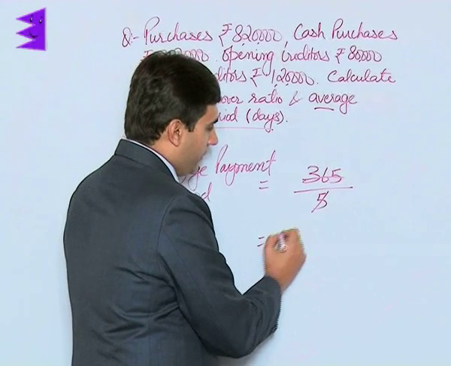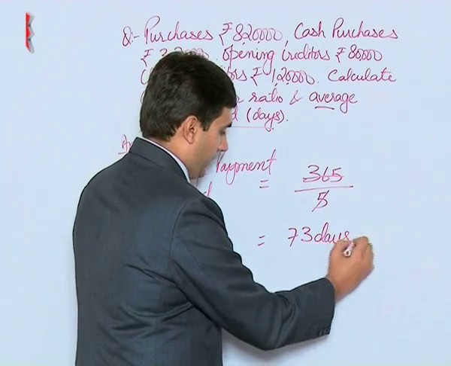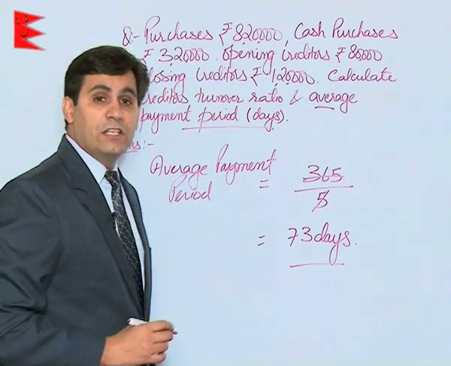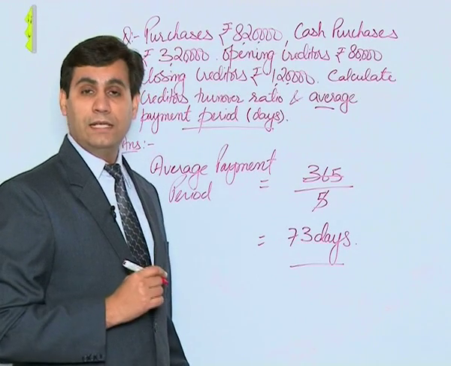So when we divide it, we get an answer of 73 days. That means on an average basis, you are making payment to your creditors once in 73 days.